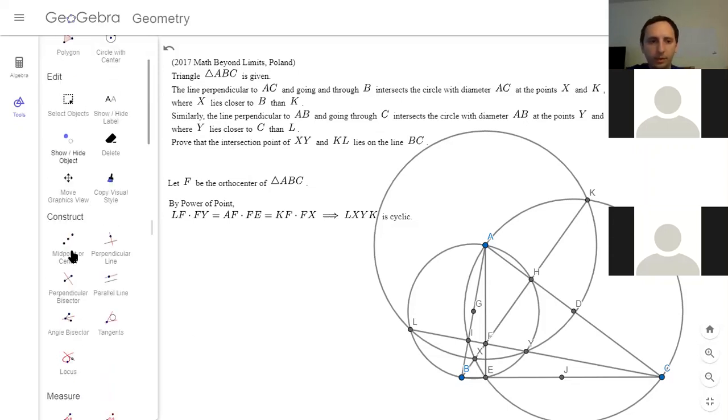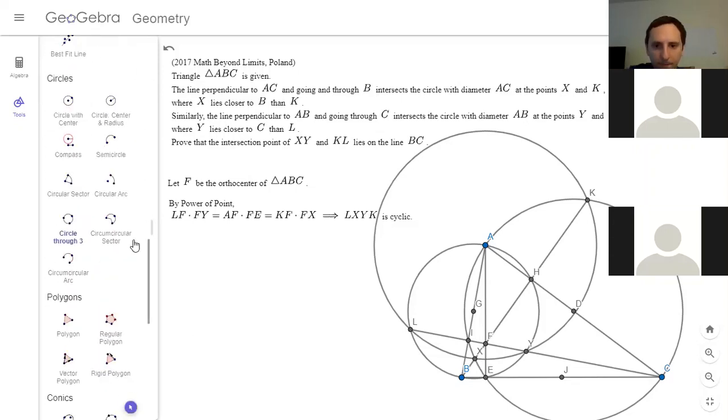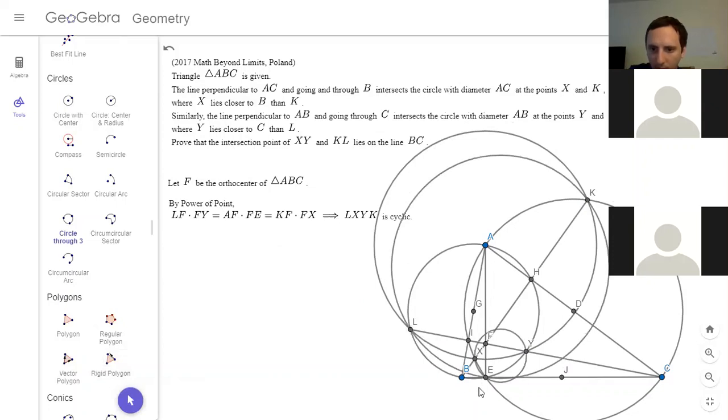Let's see, if that were true, yeah, I'm actually not so sure if that's obvious, is it?